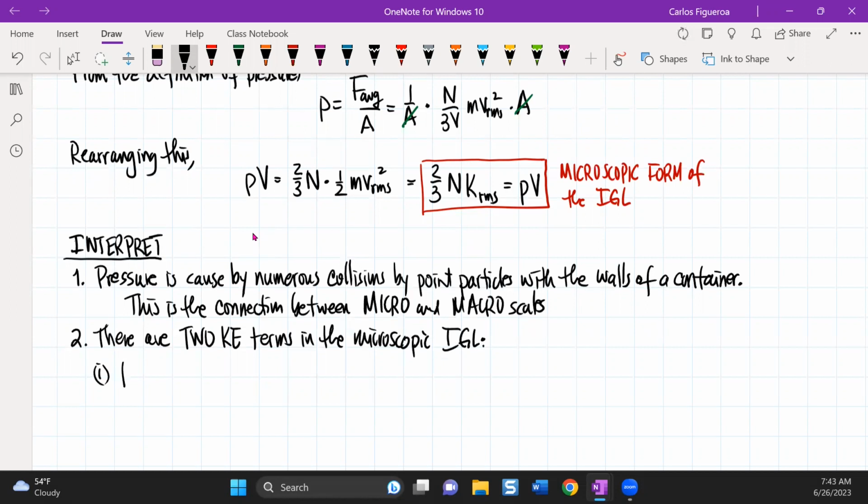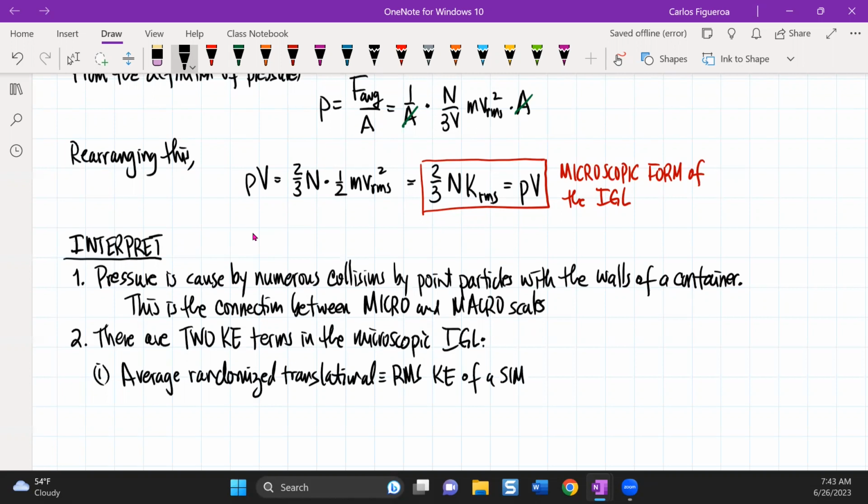One, there's the average, right? RMS average, the average randomized translational, which is what we call RMS, kinetic energy of a single gas particle.